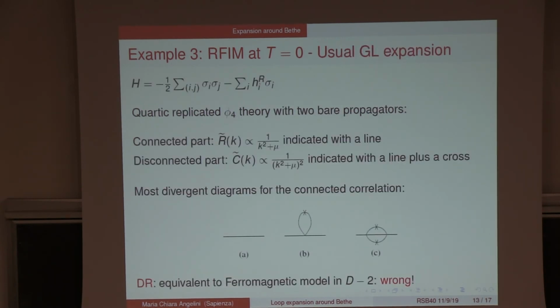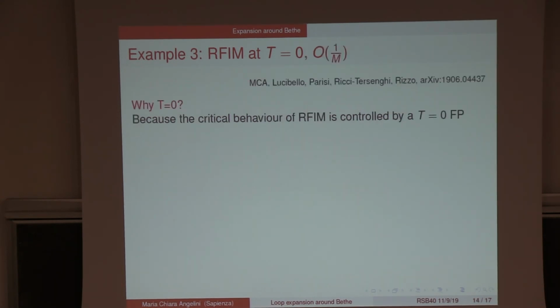So dimensional reduction is wrong. What about our expansion? Is our expansion consistent with the Ginzburg-Landau expansion or not? Okay. So first of all, we analyze things at T equals 0 because, as Victor said, the critical point is at T equals 0.